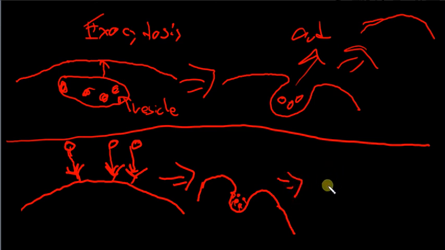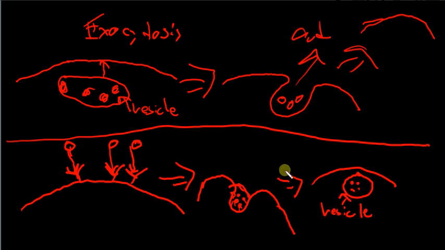And that little pocket will eventually pinch off and become a vesicle. So those cholesterol molecules bind with the receptors, the plasma membrane starts to bend in, forms a little pocket, and then the pocket pinches off and forms a vesicle in the cell, and now that cholesterol is in the cell. That's endocytosis.